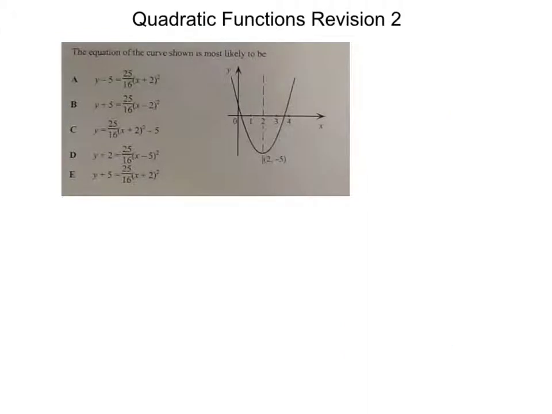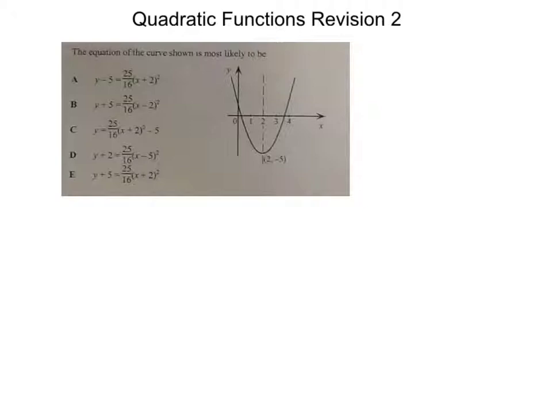Next we have a multiple choice question for you to look at with credit to Evans, Lipson and Wallace, 2006. We're looking at a parabola and we're trying to work out which one of these equations is going to match.